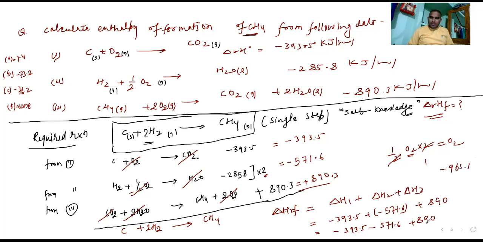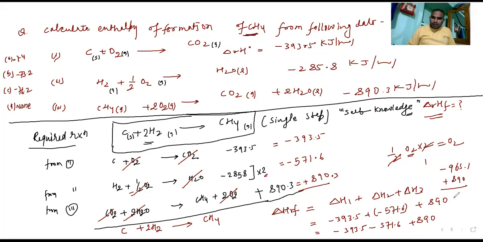And here is what? 890. So here is plus 890. So you add it out. If you are adding 890, how much? 75.1 is coming. Negative 75.1. So this is our required answer.